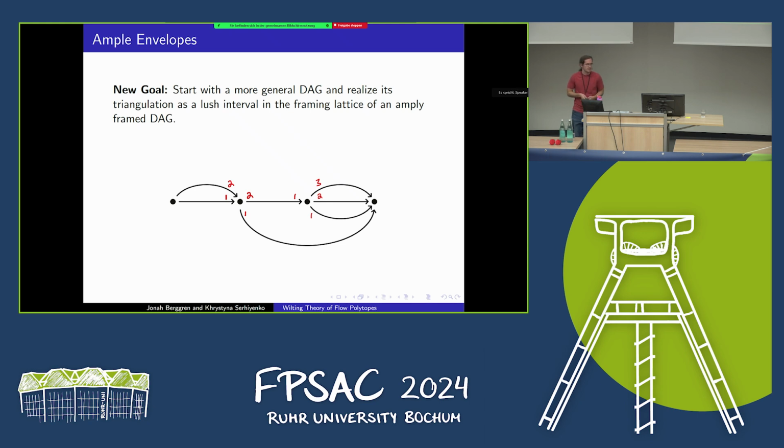So I have this non-amply framed example here, and well, there are a few problems. One is that, remember, amply framed DAGs need to be 2 in, 2 out. They need to have 2 arrows in, 2 arrows out at all of my internal vertices. And here I only have 1 coming in, and so I'm just going to add a wilted arrow. I'm adding this dummy arrow, and I haven't changed the complex of clicks that avoid that arrow, obviously. I've added an arrow and immediately said I can't use it.